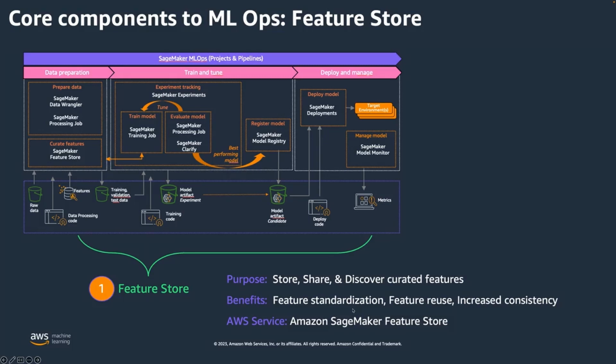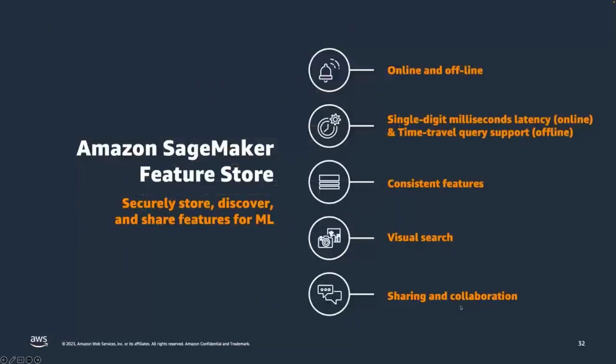It will let you standardize your features and reuse features so that you can minimize the amount of compute you need to do, and will also provide you with increased consistency. All features created by Amazon SageMaker Data Wrangler or other processing jobs can be stored in Amazon SageMaker Feature Store with a single click. And it's easy to update existing features or create new features.